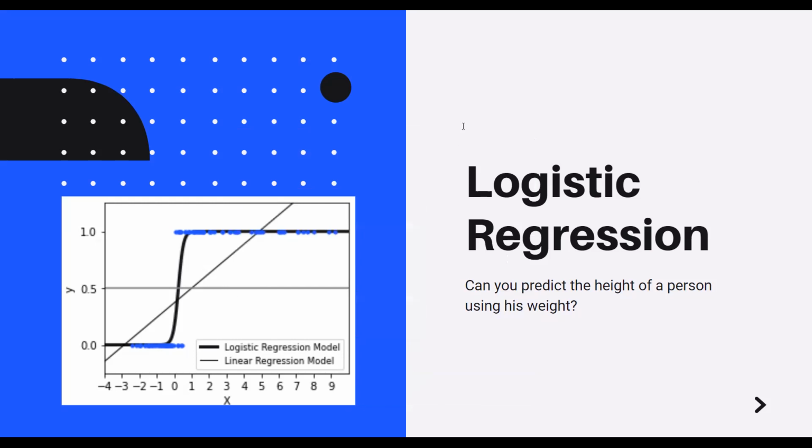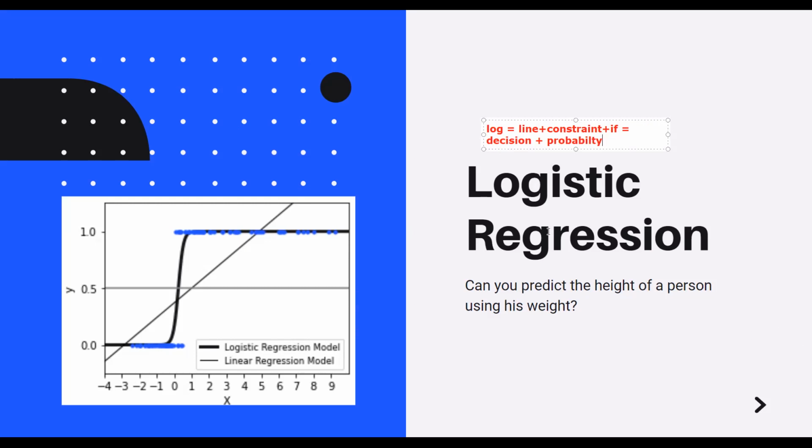So the only difference between logistic regression and linear regression is that logistic regression equals linear regression plus constraint plus if statement equals decision plus probability.